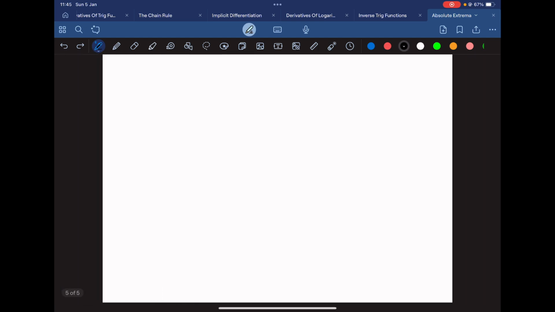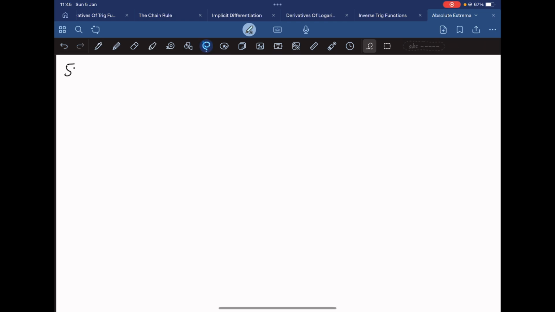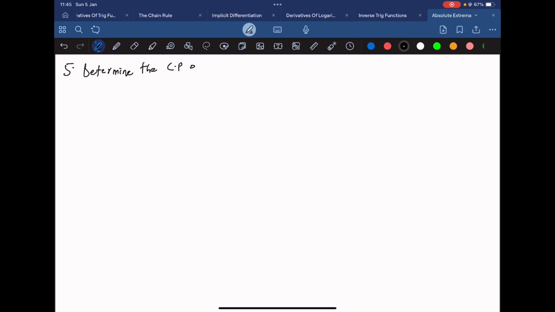Now let's look at the last question. We have to determine the critical point. To determine the critical point, remember, we just have to differentiate.